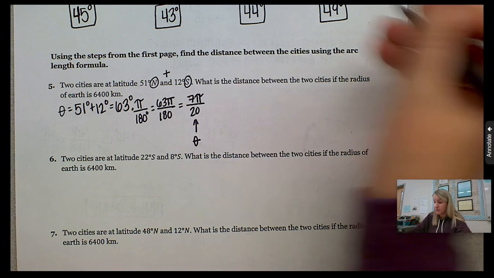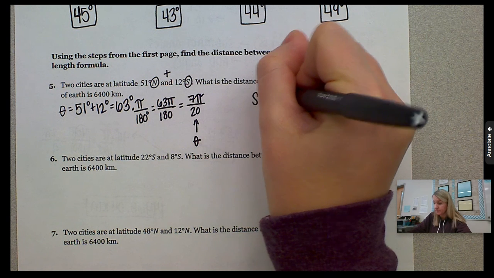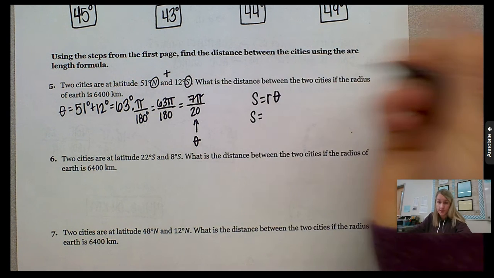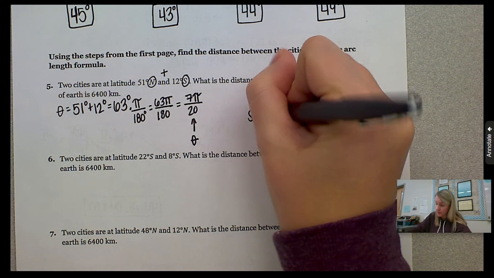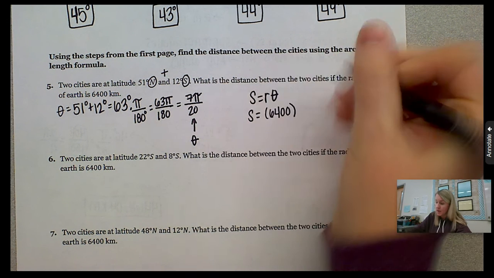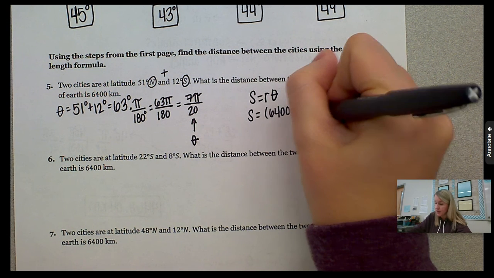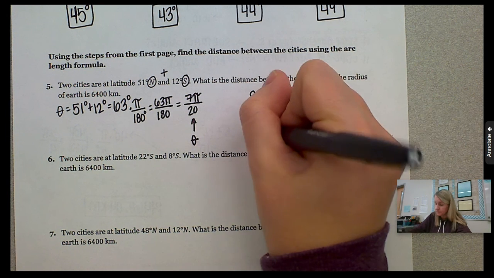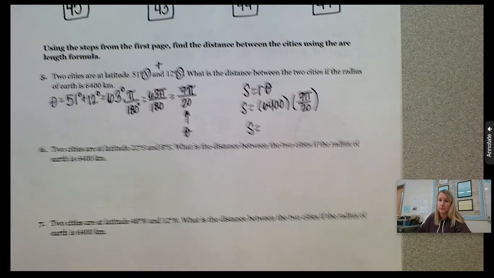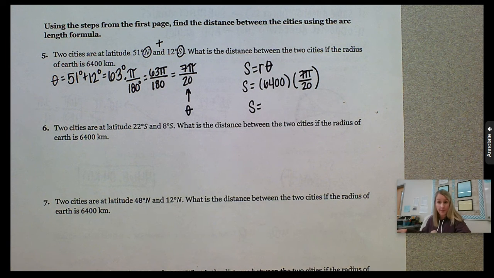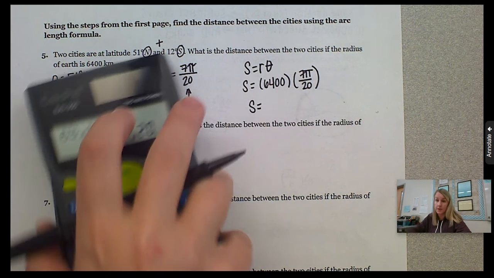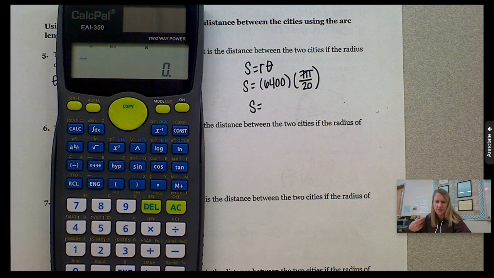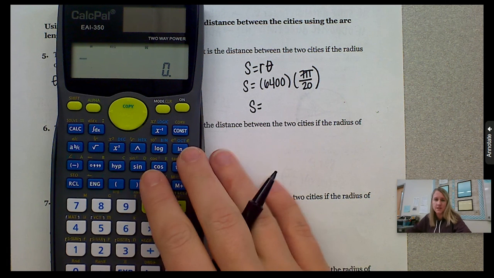And I'm going to plug in. S equals R theta. S equals, R is 6,400. Basically for all of these, it will always be that. And theta, we're using our radian of 7 pi over 20. I grab my calculator because I'm plugging in. This time I am going to plug the pi in because I just want a decimal answer, because putting something in terms of pi is kind of confusing if I asked for a distance.